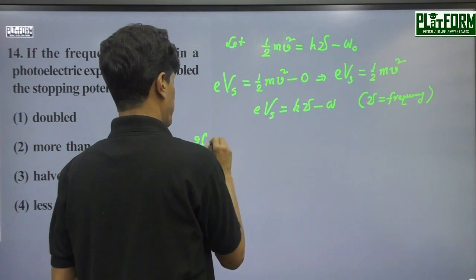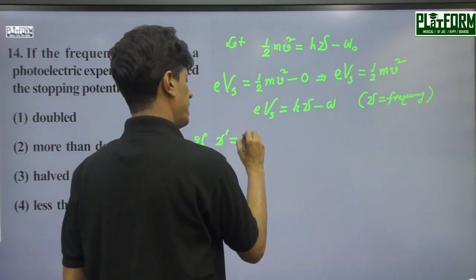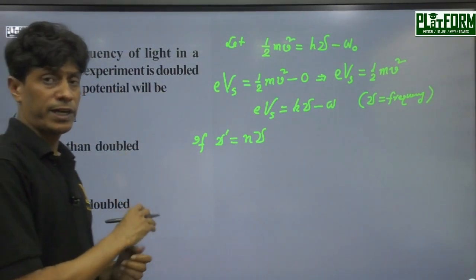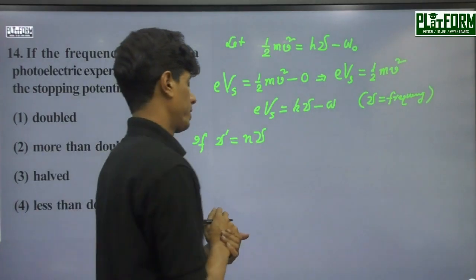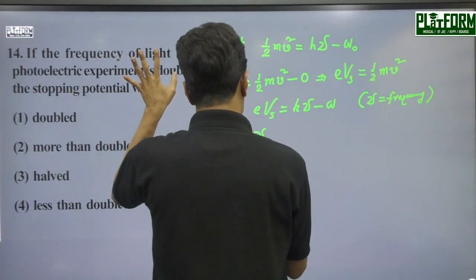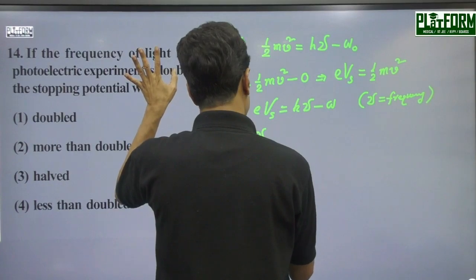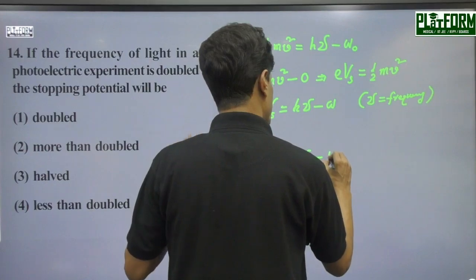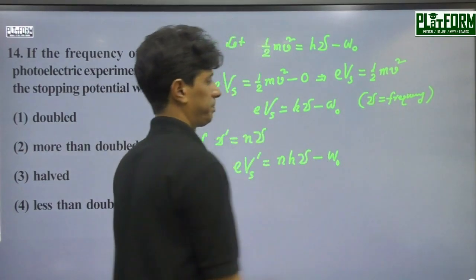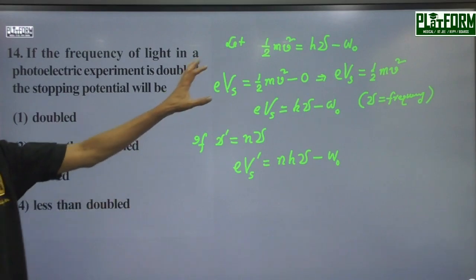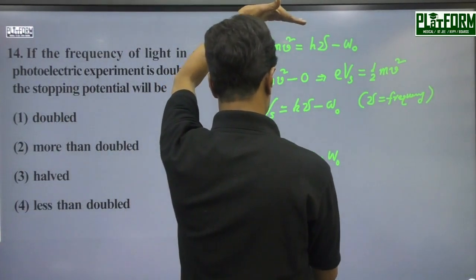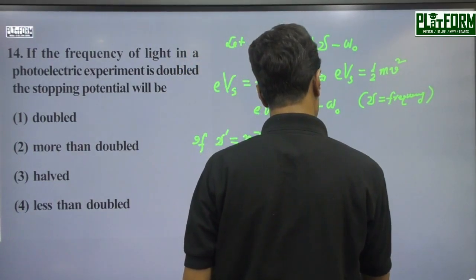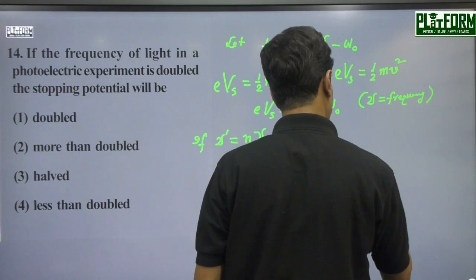If the new frequency is n times the frequency of the incident light previously, then for the new stopping potential we can write eVs' equals n h nu minus work function. And you know h nu equals eVs plus work function, minus work function.